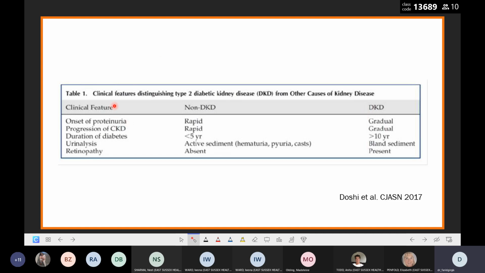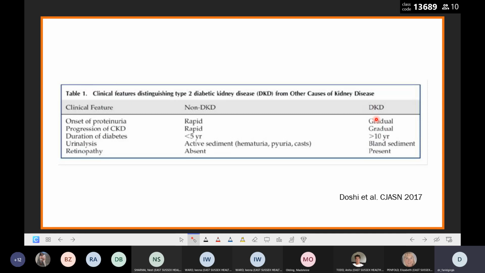Okay, so first of all, the onset of proteinuria. In case of diabetic kidney disease, is gradual. You'll find the patient a few years ago had microalbuminuria, and the microalbuminuria is progressive, and now he has overt proteinuria, maybe nephrotic range of proteinuria. So it's a gradual process when you look backwards at his proteinuria progress.